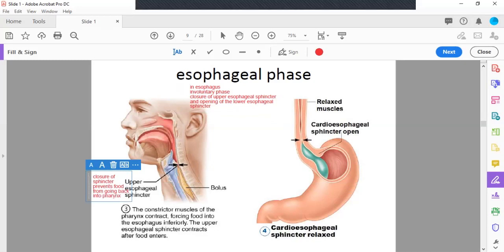And by the way, the lower esophageal sphincter is also known as the cardioesophageal sphincter. The reason it must be open is to allow the food to enter the stomach.